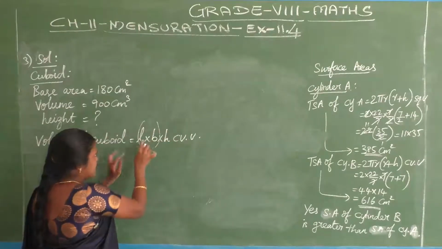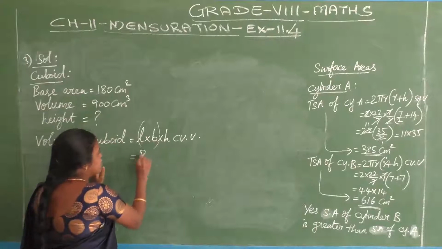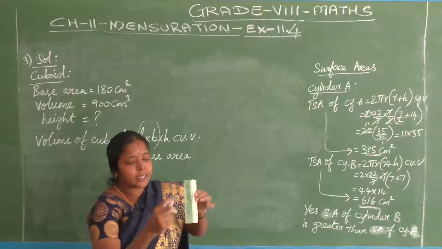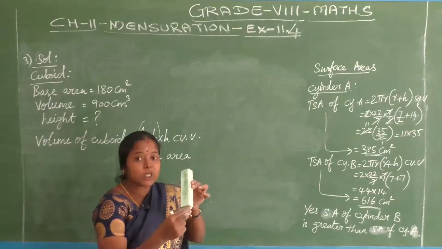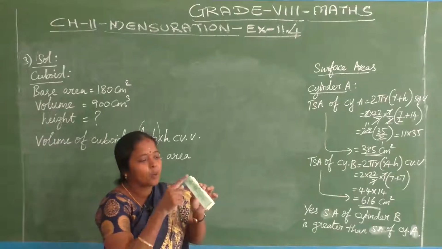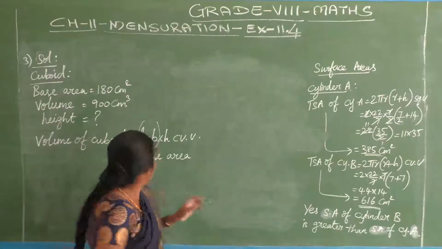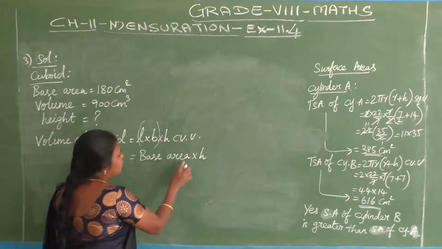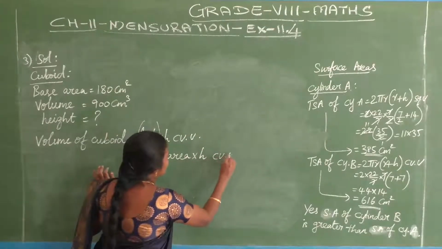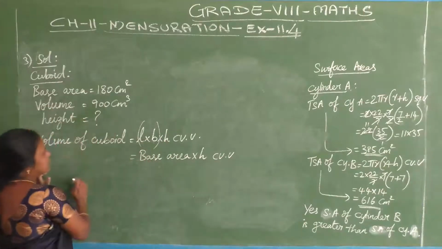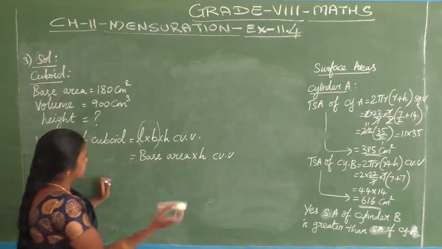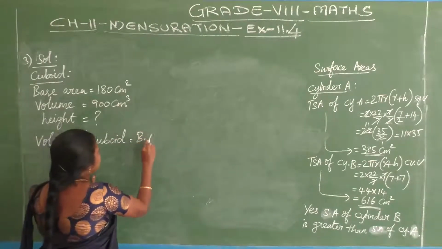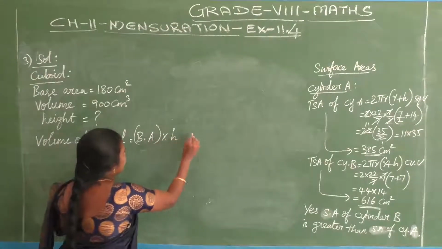Here this L into B we can consider as base area, because a cuboid contains 6 faces, each face also a rectangle. What is the area of the rectangle? L into B. So base area into height, both are the same. So base area into height cubic units. Base area is only mentioned here, so we can write this like this, base area into height cubic units.